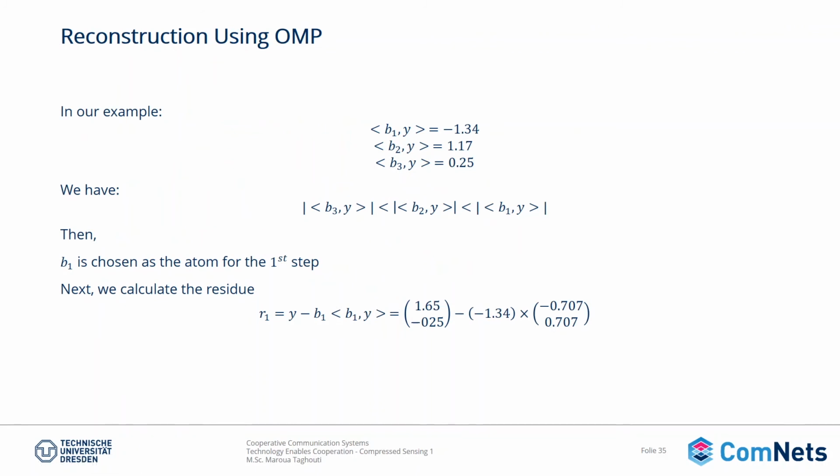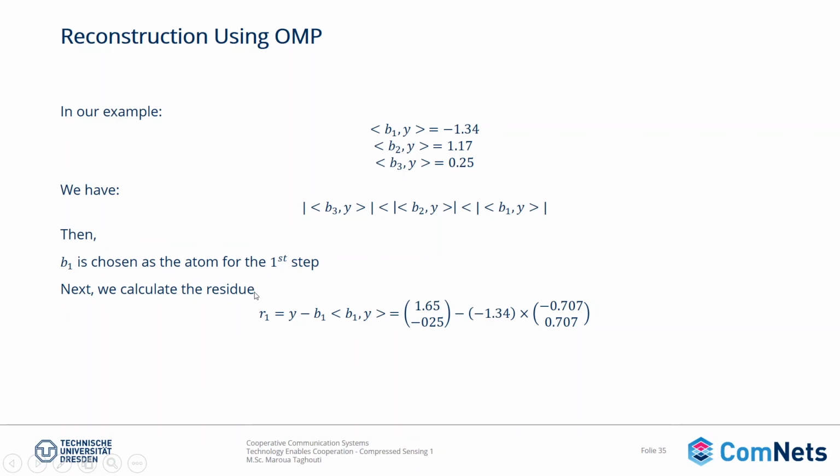So here in our example, we calculated these inner products. We could notice that the absolute value of the first one is, let's say, a winner. So we choose it as the atom of the first step.